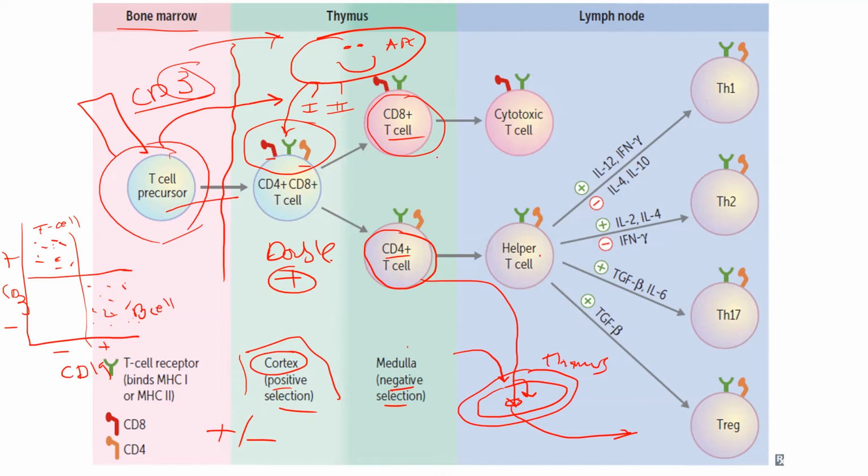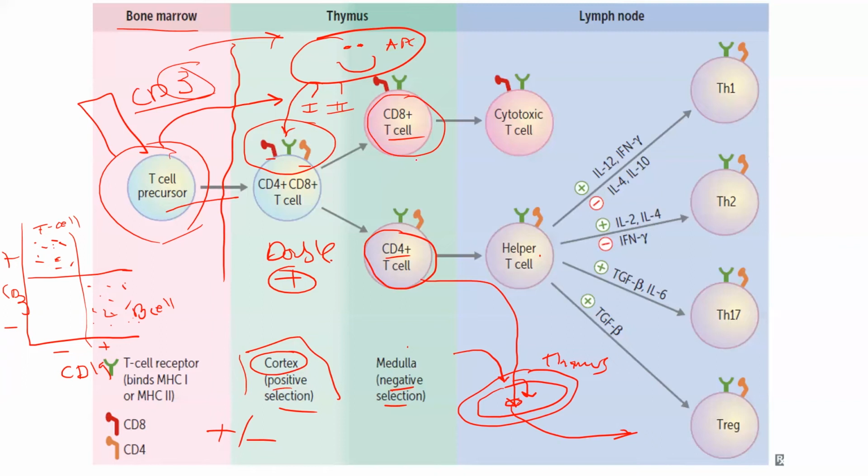And we want to make sure that these cells only respond to antigen that is not supposed to be in our body. Correct? Right. And so if we just release them at this point and didn't do negative selection, some of these cells would go out to the kidney and say, hey, I don't like this, and kill it.